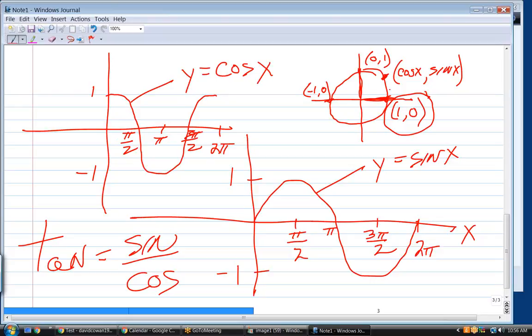So if you want to know the tangent of the quadrangles, you can either memorize the tangent curve, which is a little more unusual, you don't run into it as much, or you can always just use this and know that it's sine over cosine. So what's the tangent of 90 degrees? The tangent of 90 degrees is 1 over 0. Which is undefined. Correct.